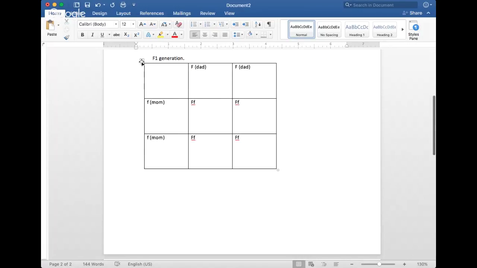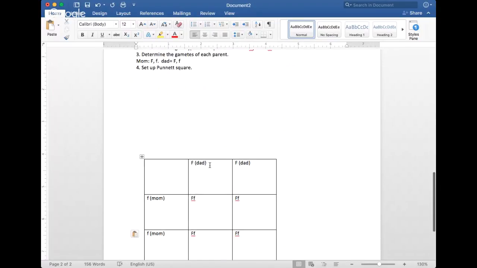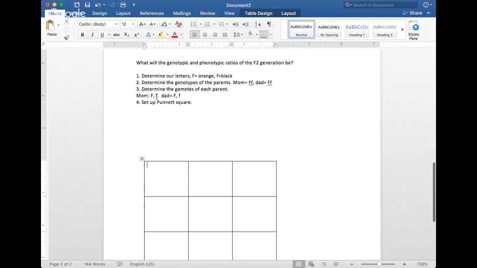I'm just going to steal this one. So now we set up our Punnett square with our gametes, either across the top or the side.